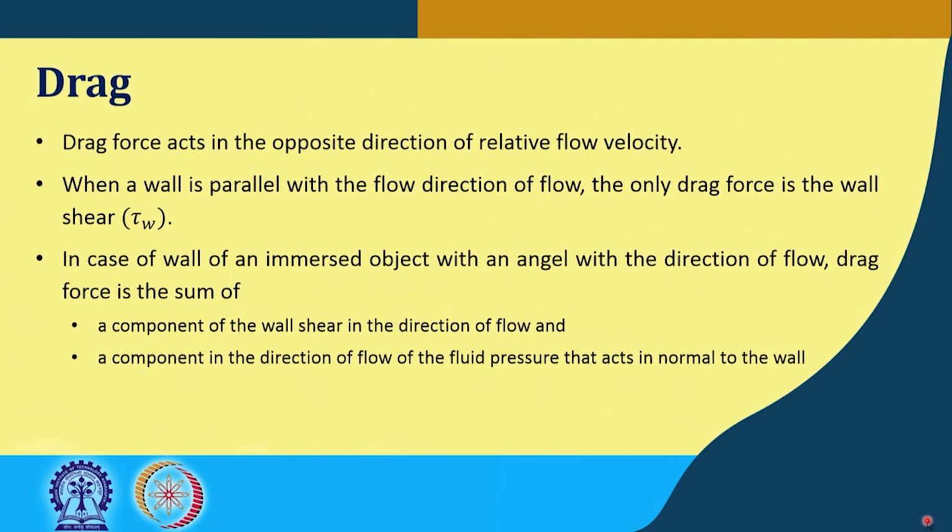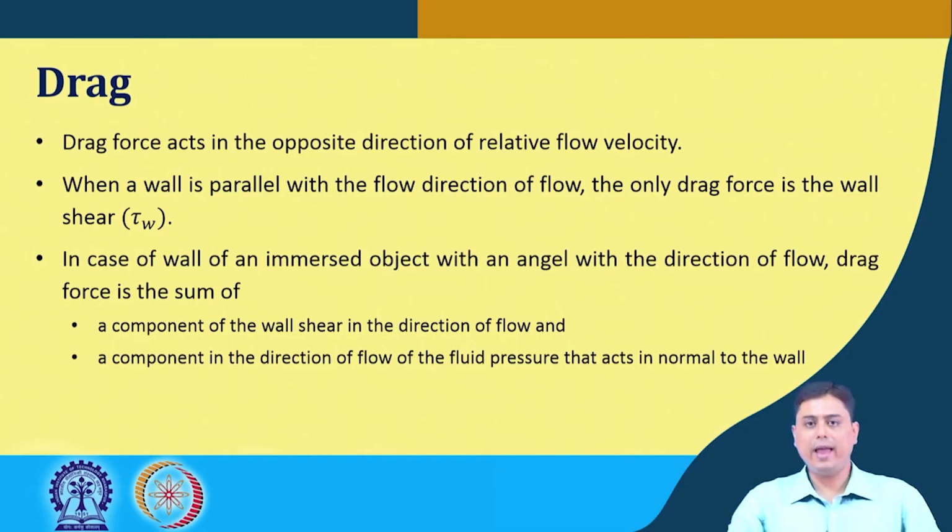So let's consider that there is a boat in a river. The boat is stagnant, the river is flowing. So the direction of relative flow is actually the opposite of the free stream current in the direction of which the river is flowing. So the drag basically will be along the direction of the flow of the river.